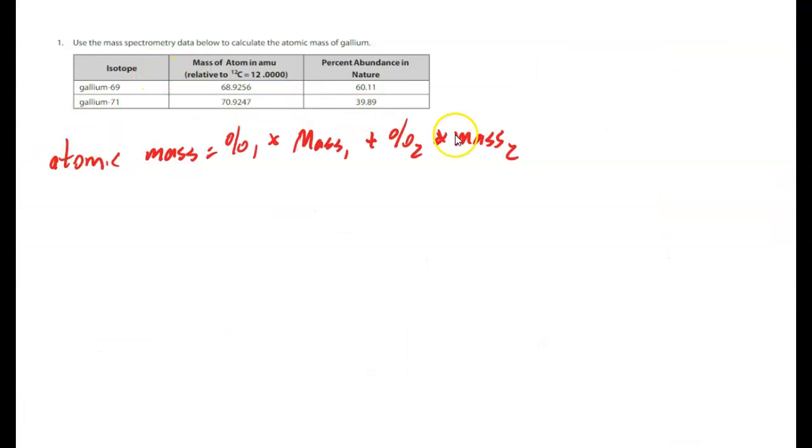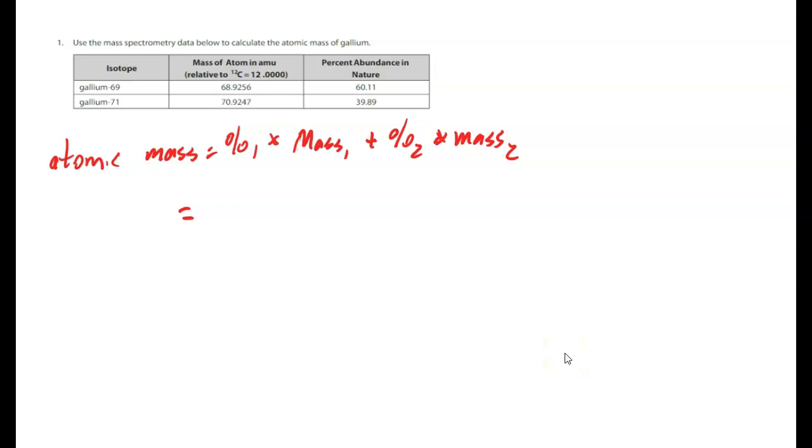All right, I've written up the formula here that reminds us the atomic mass, or the average atomic mass, is the percentage of isotope 1 times the mass of isotope 1 plus the percent of isotope 2 times the mass of 2, and if there were a third, it would go on, but there's only 2 isotopes here. In this case, it's going to be 60.11%.